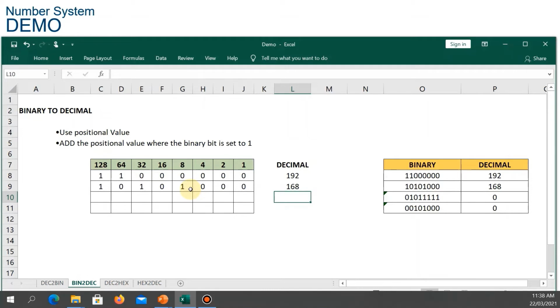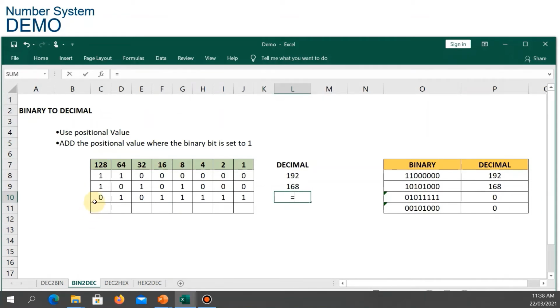All right, now let's have another example. Let's plot this 01011111. What is the equivalent of this binary?